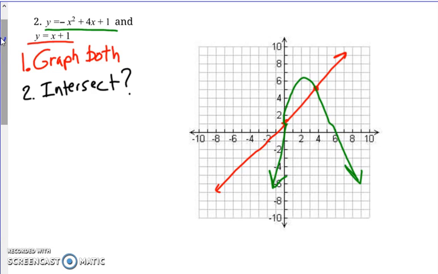You can do that algebraically by setting them equal to each other, which I will expect you to be able to do. In the interest of time, I'm going to tell you that they intersect at x equals 0 and at x equals 4.